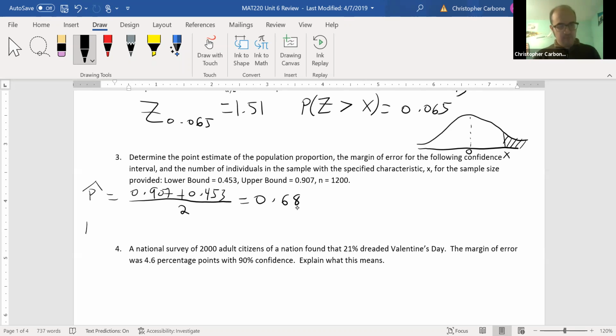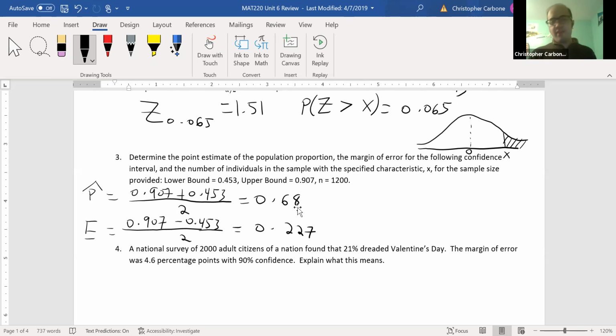The margin of error we could find one of two ways, but I'm going to do for this, subtracting these two, 0.907 minus 0.453 divided by 2. This would give us 0.227.